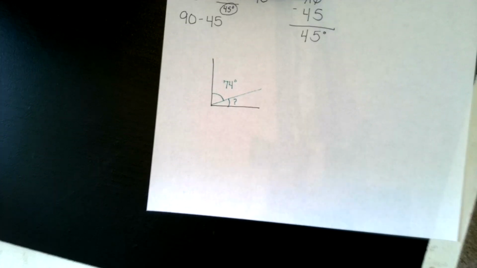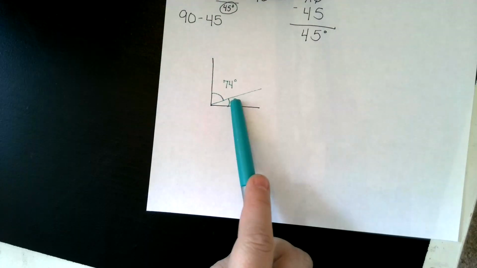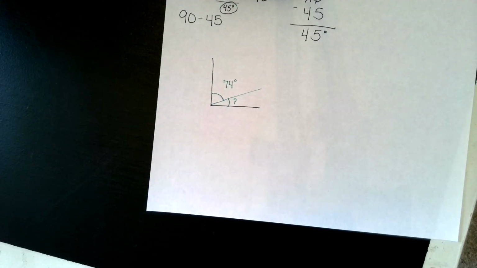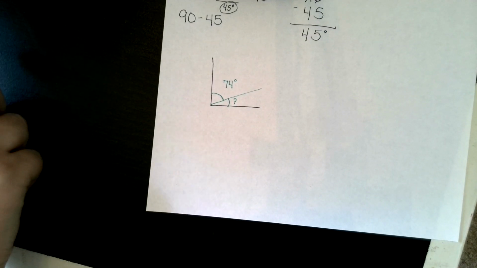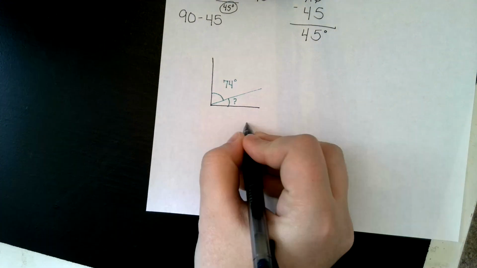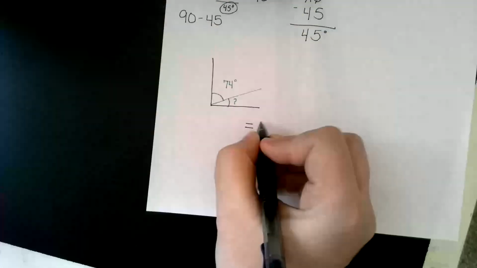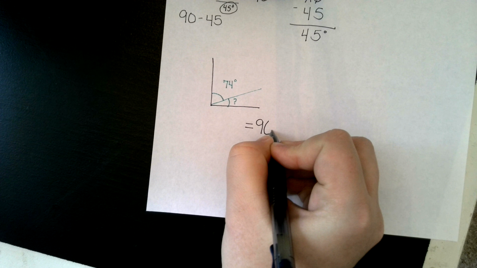So how can we find an unknown part of a right angle? We have to take what we know. What do we know about a right angle? A right angle has a total of how many degrees? Right, a total of 90 degrees.